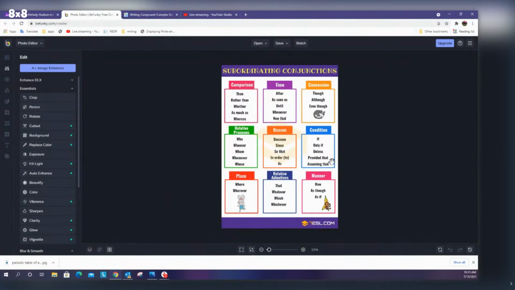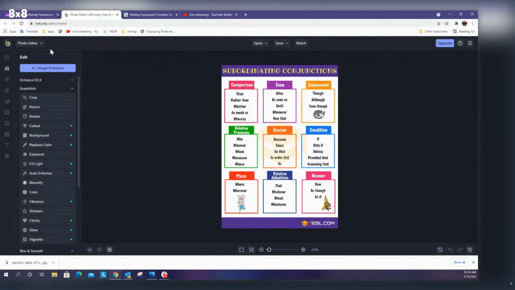So something has to happen in order for something else to take place. And then we get where, a place: where, wherever. Relative adjectives: that, whichever, which one of you, which one is your favorite. And then a manner of how something happens: as though, as if.